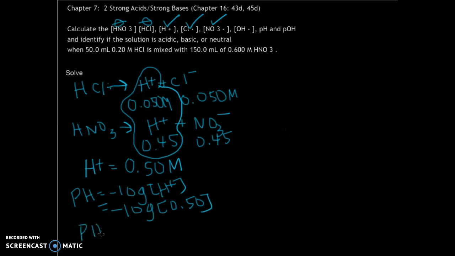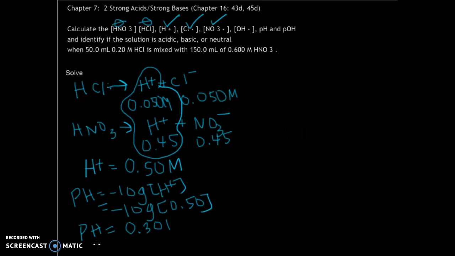So the pH of this solution ends up being, I put this in my calculator, and what are my sig figs? These are 2-digit numbers. Let's pretend that was 0.200. I want this to be a 3-digit number, so 0.301.